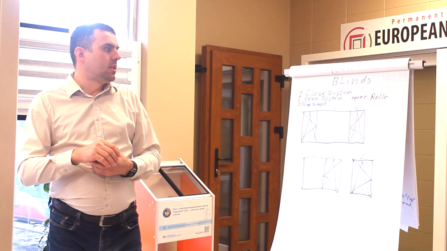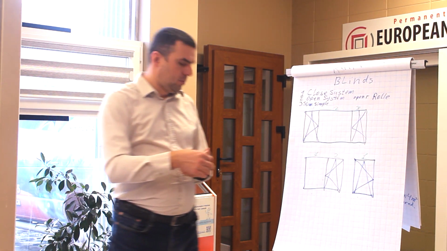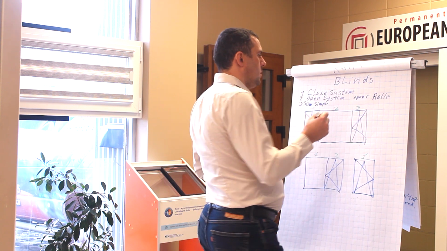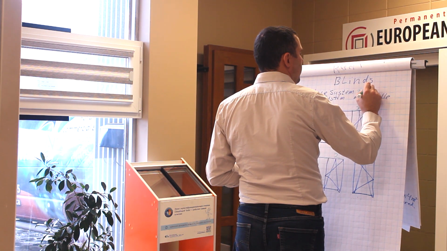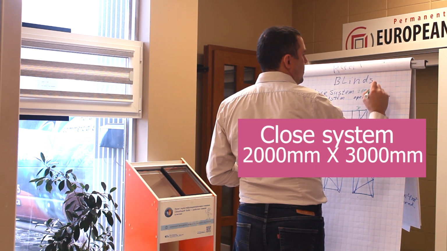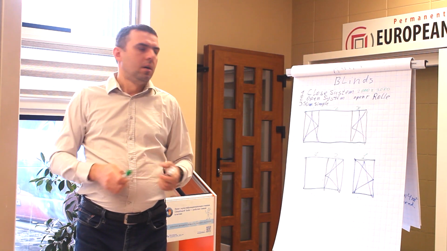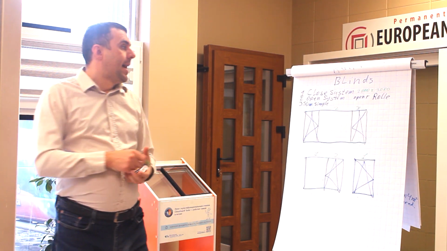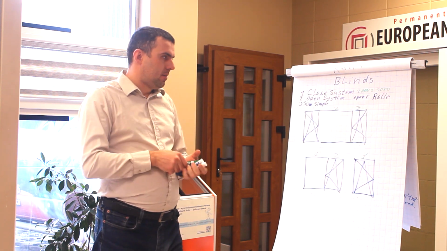For the closed system, the maximum is 2 meters, let's say 2,000 by length, and 2,400 or 3,000 in height, because in a closed system you can make huge ones. That's for the solid fabric.